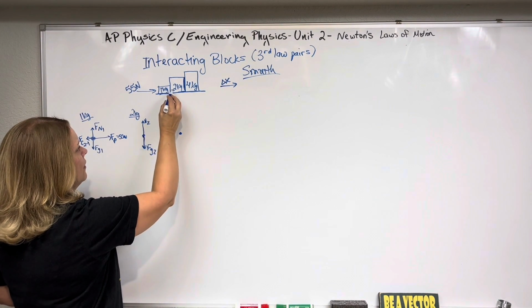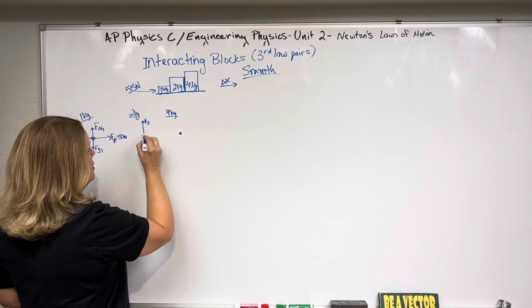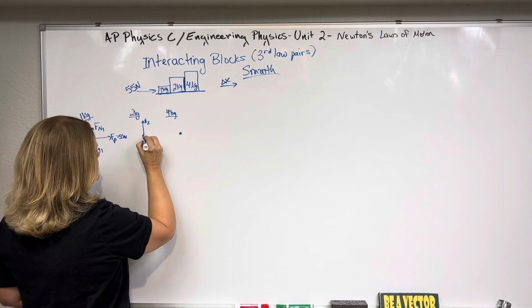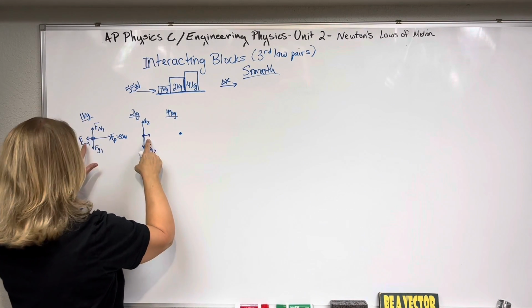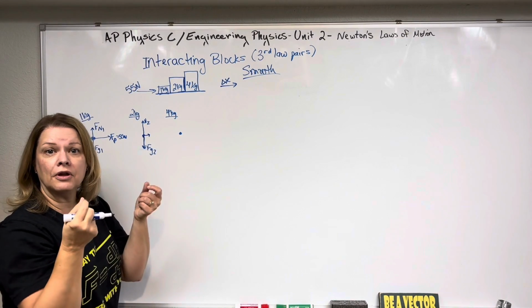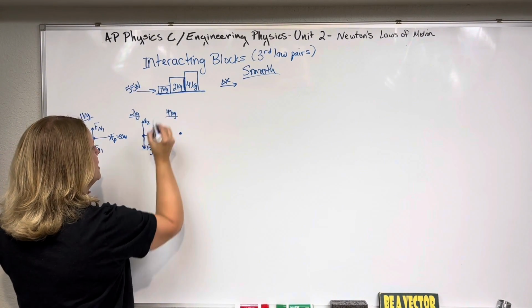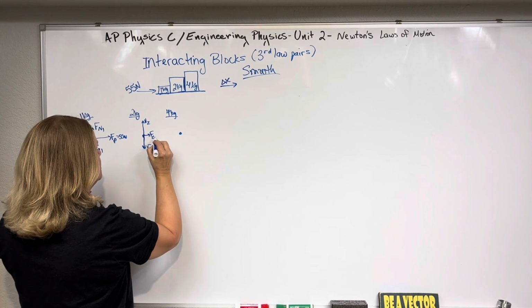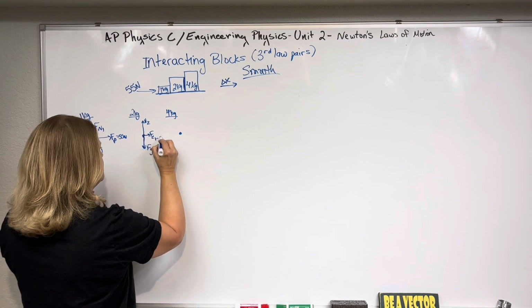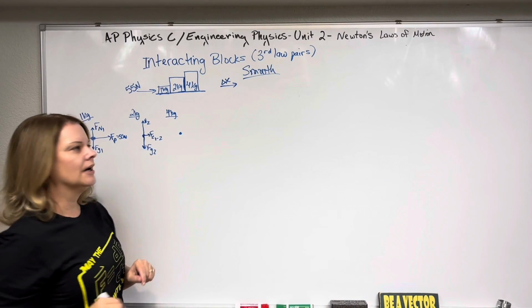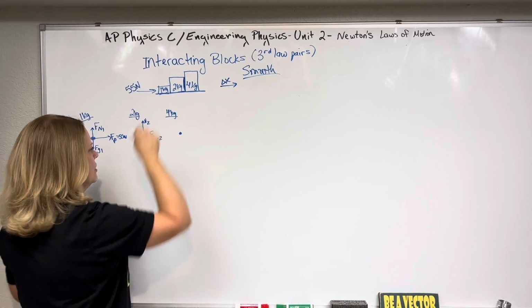Now I have on 2, 1 is pushing on 2 to the right, to the east. So I have this force of contact, and I'm going to try to draw them equal because we know that's a third law pair, opposite and equal. That's force of contact, but this time it's 1 on 2. All right, that's the 1 block pushing on 2.